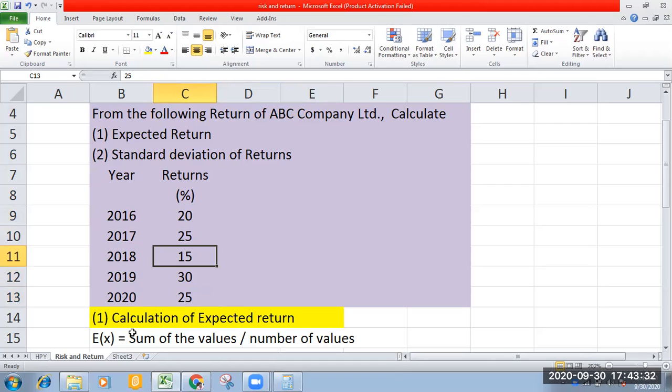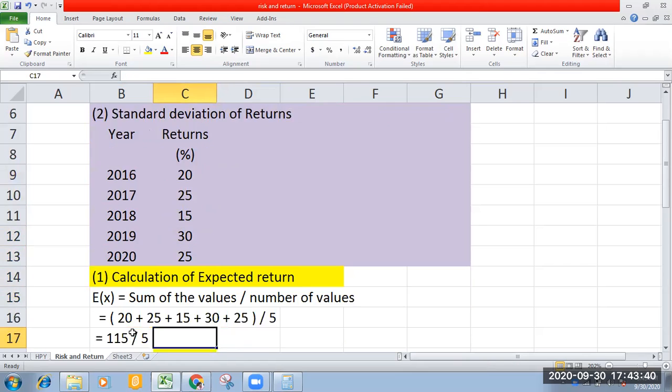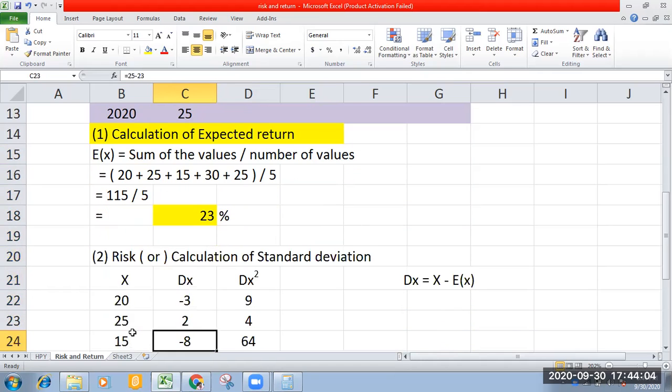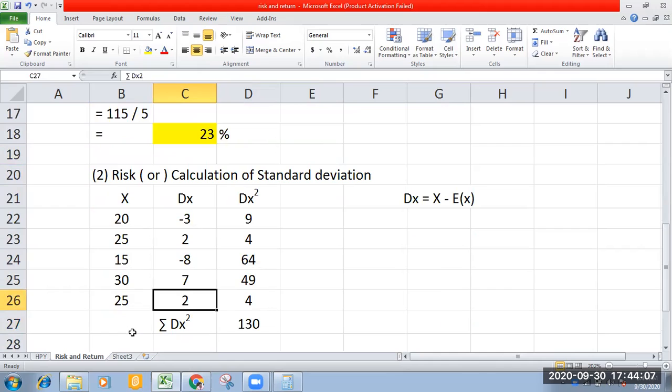Looking at these 5 returns, we learned the art of calculating the estimated return, which is 23%, and the risk involved in depending on this 23%. Yes, there is definitely risk because the returns are not the same or fixed. They are changing, increasing, decreasing. Therefore, there is a possibility of deviation in what you are expecting as 23%.